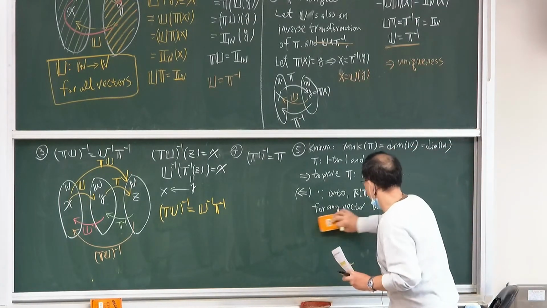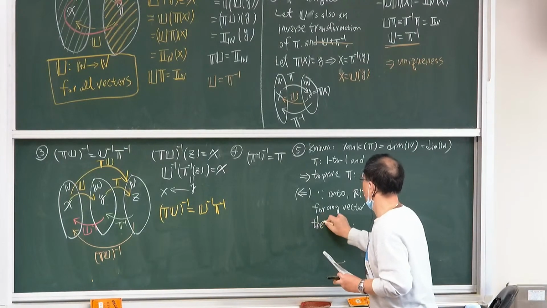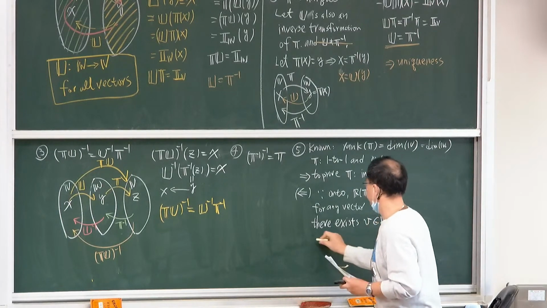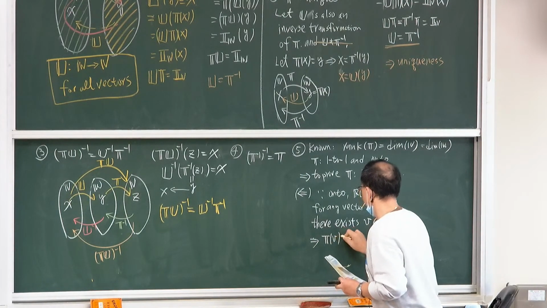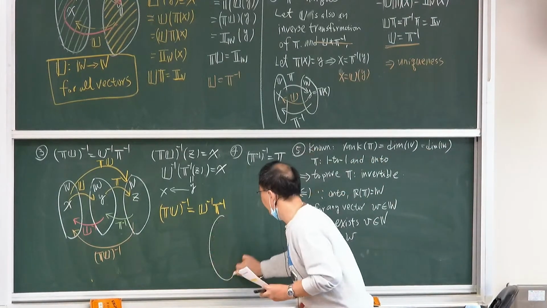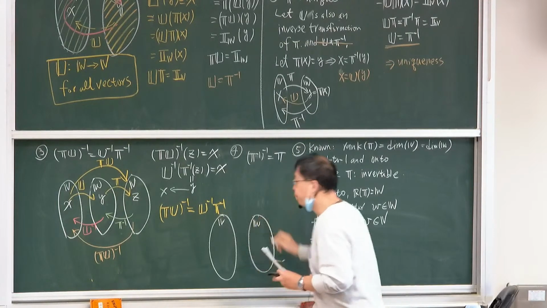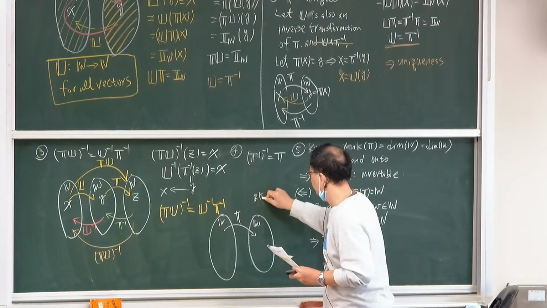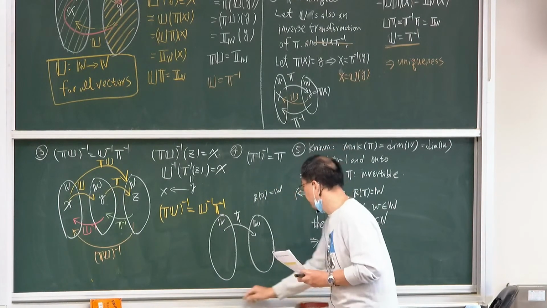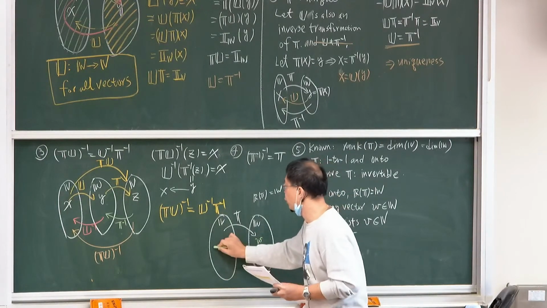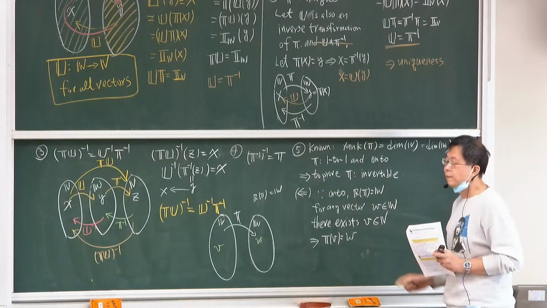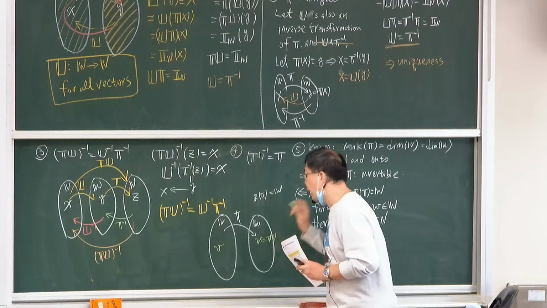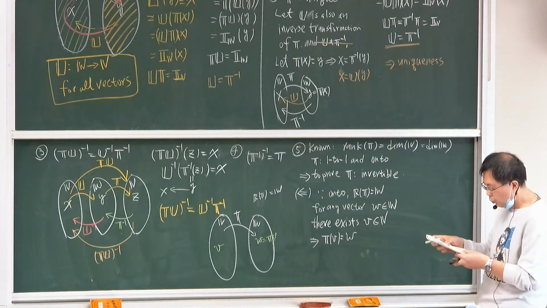So there exists v belonging to V such that T sub v equals w. Because of onto, I have vector space V, I have vector space W, and range of T equals W. So any vector w here can find a corresponding vector v in vector space V such that w equals T sub v. So that's from onto.